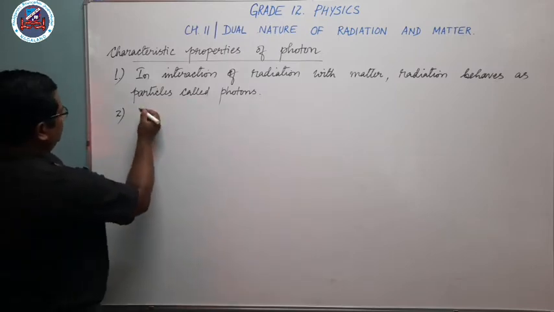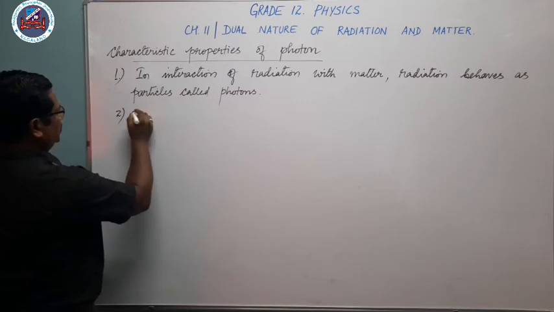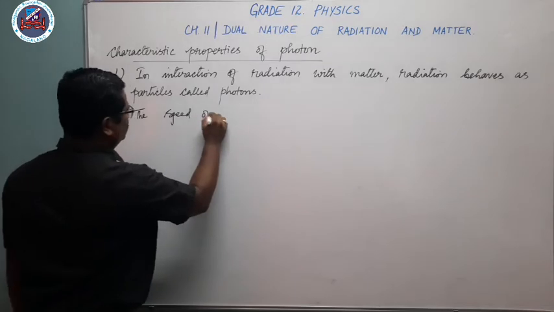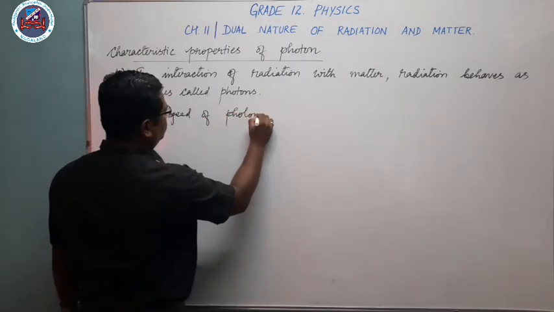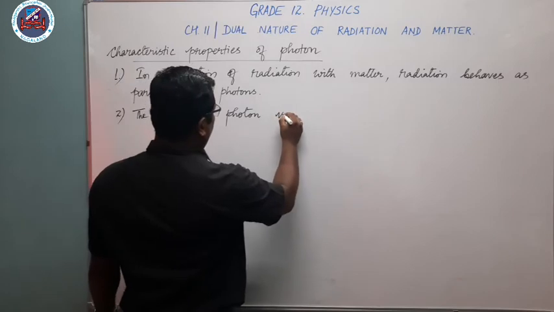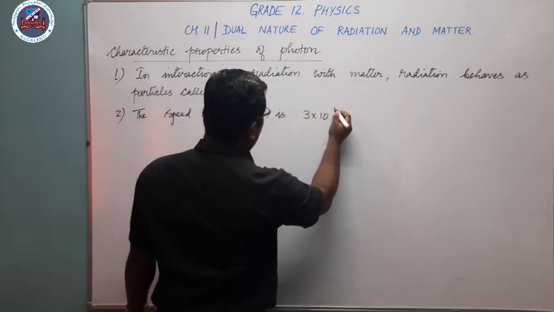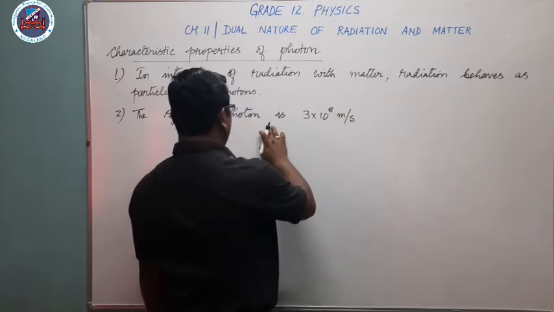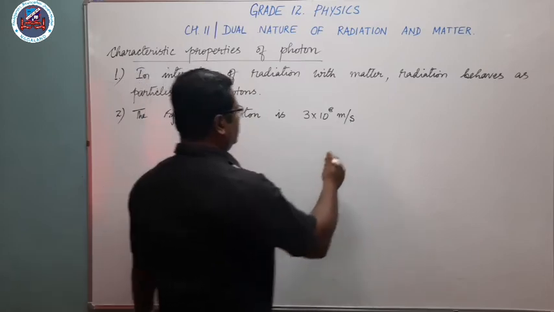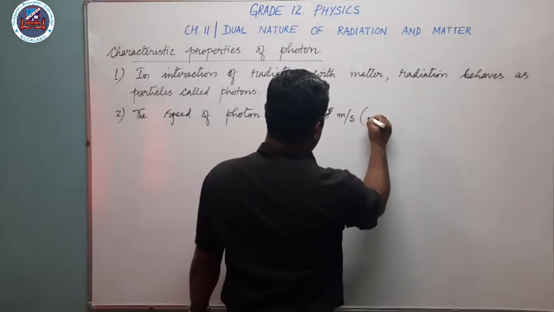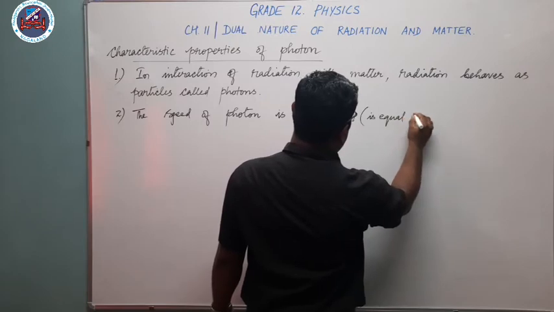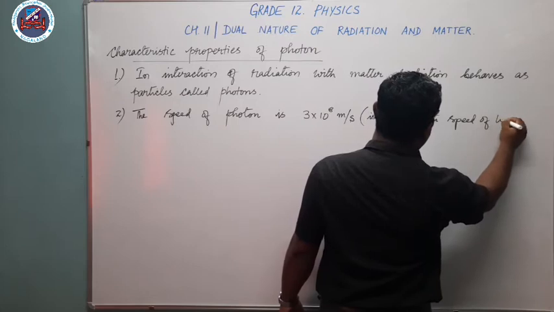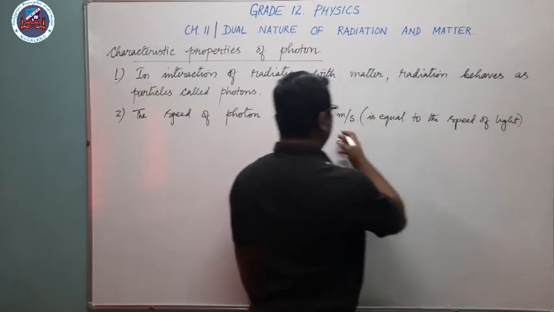The second characteristic property, the speed of photon, is 3 into 10 to the power 8 meter per second. It travels at the speed of light, in vacuum.